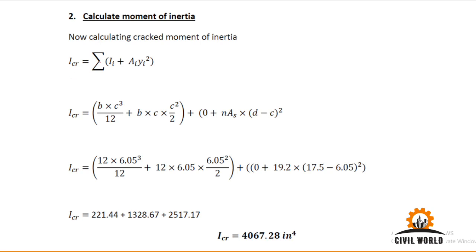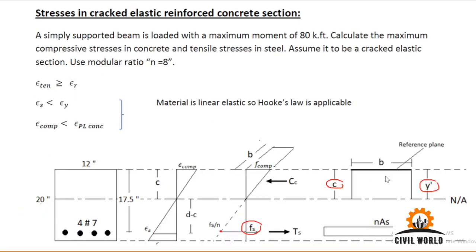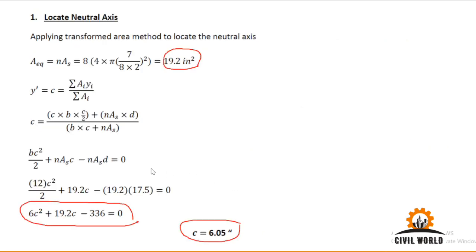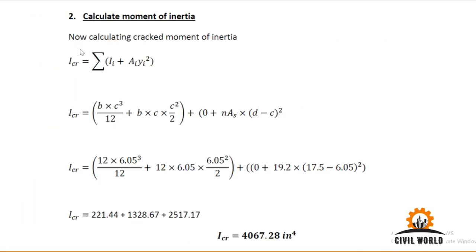So the cracked moment of inertia is given by the moment of inertia of this transformed section, and you can calculate the moment of inertia for any section using this equation: the moment of inertia of one area plus its area multiplied by the distance of its centroid from the centroid of the whole section, which is the neutral axis, squared.